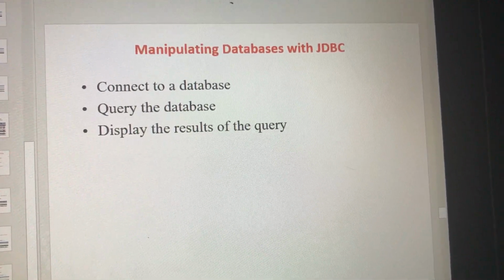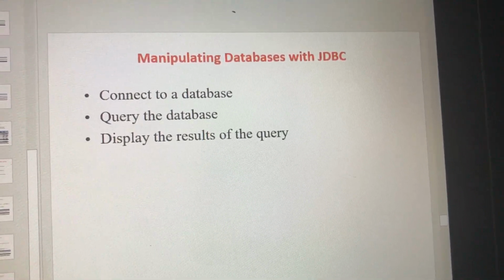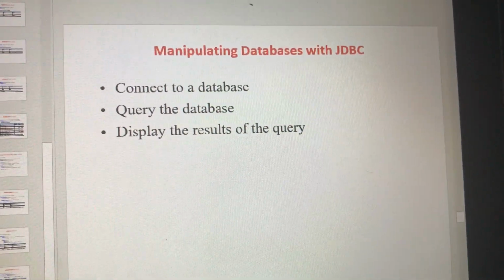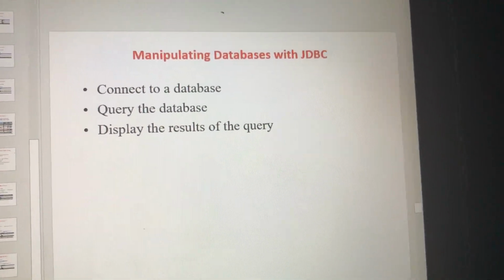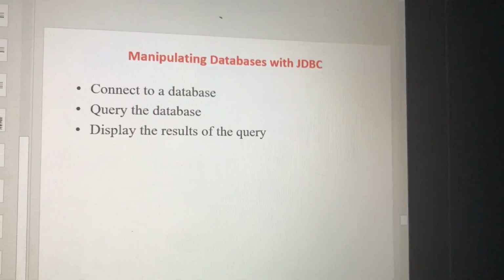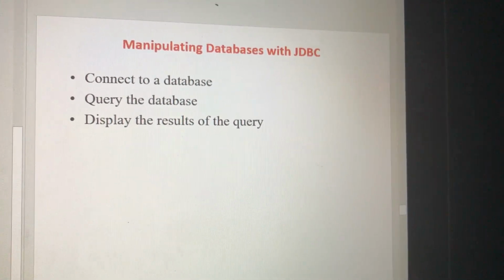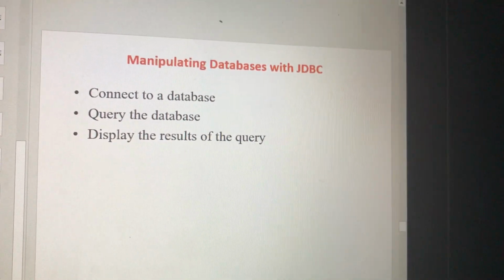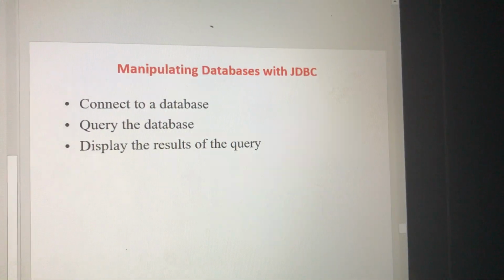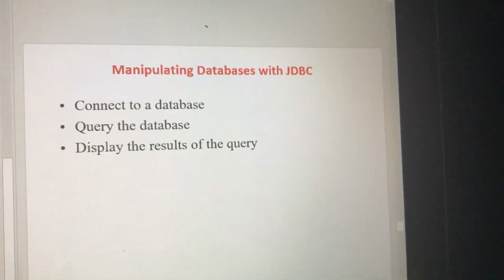In past versions of Java, programs were required to load an appropriate database driver before connecting to a database. JDBC 4.0 and higher supports automatic driver discovery, so you are no longer required to load the database driver in advance.